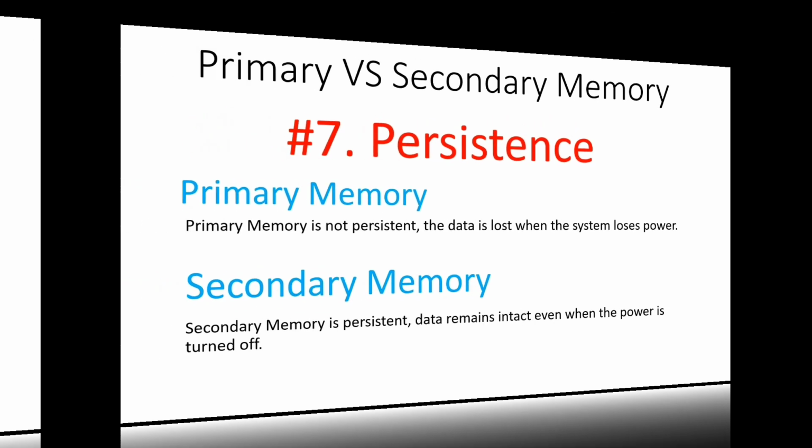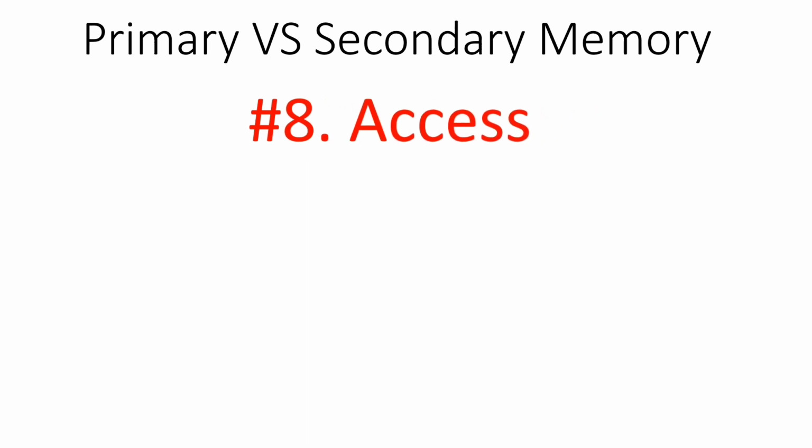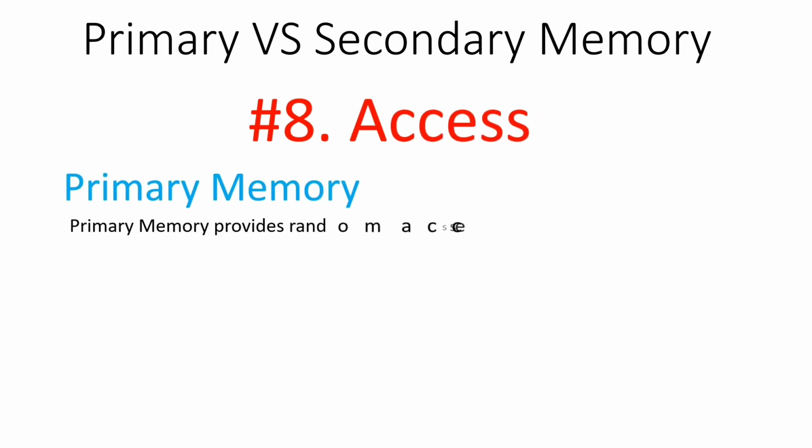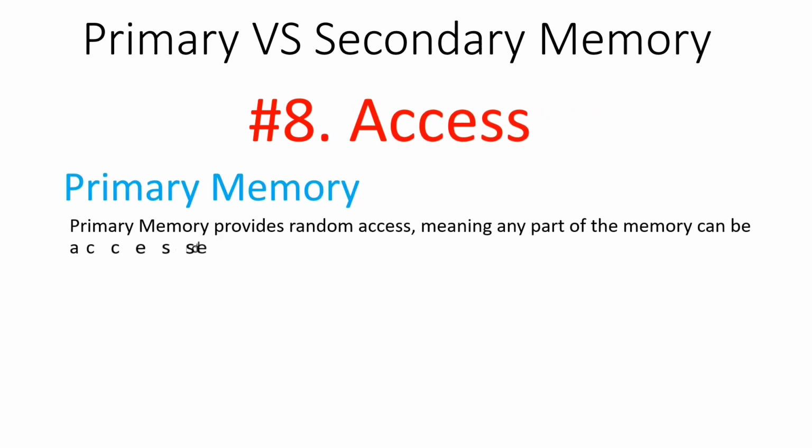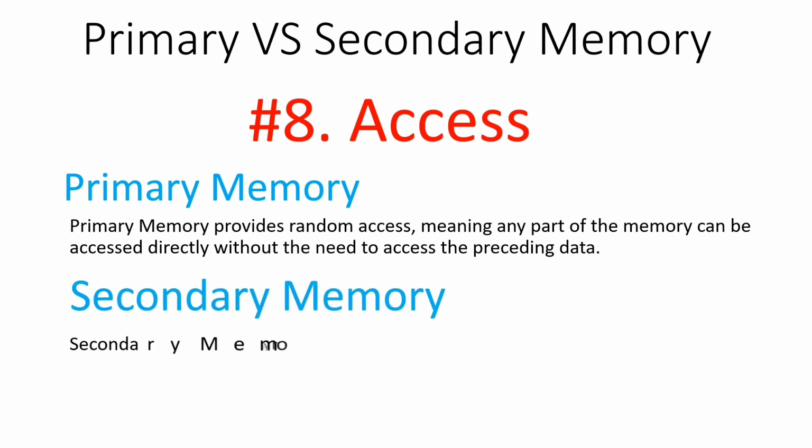If I talk about the access mechanism, primary memory provides random access. It means any part of the memory can be accessed directly by the CPU without the need to access the preceding data. So the CPU can access any part of the information that is available in the primary memory, whereas in case of secondary memory, it provides sequential access.